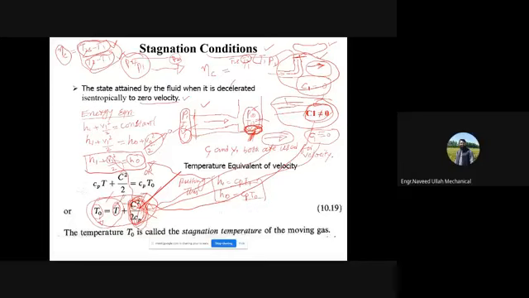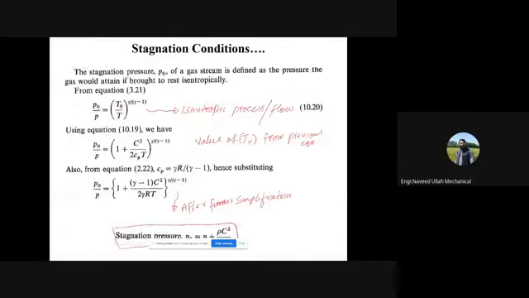In the same way, we also have stagnation pressure. Just as we have stagnation temperature, we have this stagnation pressure. The stagnation pressure P naught of a gas is defined as the pressure the gas would attain if brought to rest isentropically.